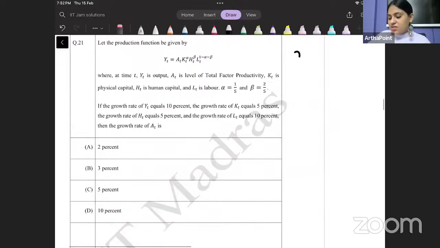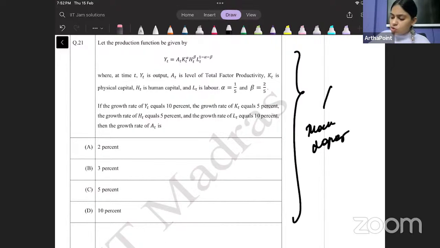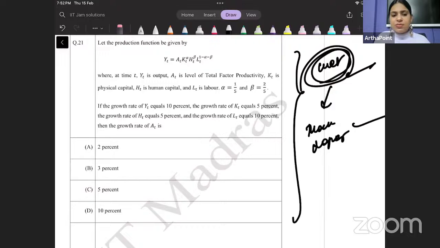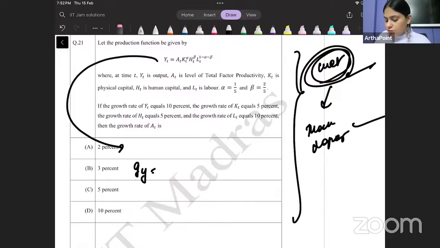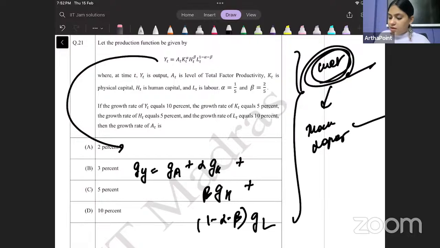ठीक है बेटा, again this is a question from the mock paper, and I think this has also been a question. I just recorded it this morning in our CUT mock paper also. तो ये दोनों में ही आया है, CUT में भी हमने डिस्कस किया है और इसमें भी डिस्कस किया है. So if you remember, इसको हम ऐसे कर सकते हैं कि growth rate of Y will be growth rate of A plus alpha growth rate of K plus beta growth rate of H plus 1 minus alpha minus beta growth rate of L. तो अल्फा का वैल्यू पता है, बीटा का वैल्यू पता है.